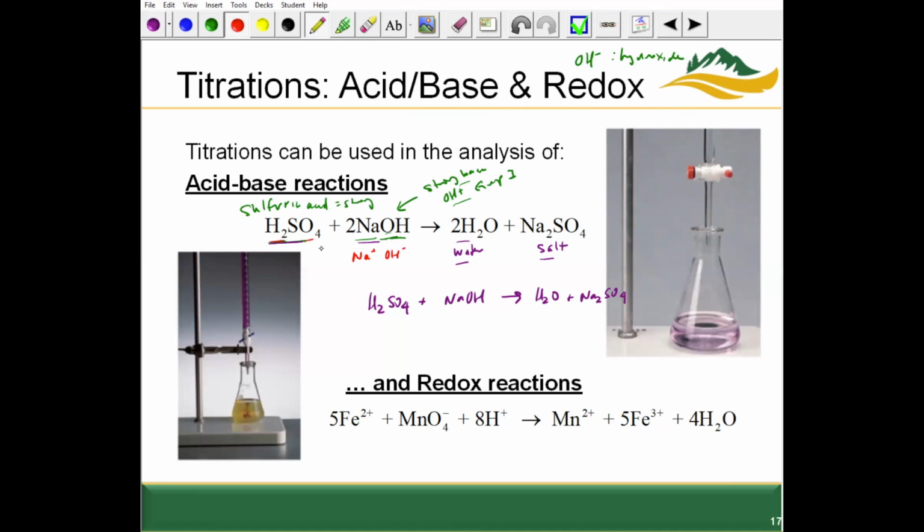H2SO4 breaks down into 2H plus and sulfate, SO4 2 minus. So the H plus and the OH minus go on to form water. But for our salt, we have Na plus and SO4 2 minus.